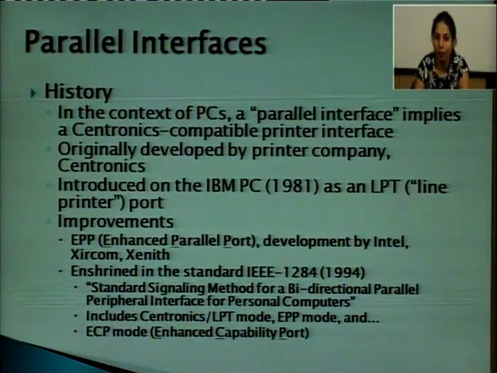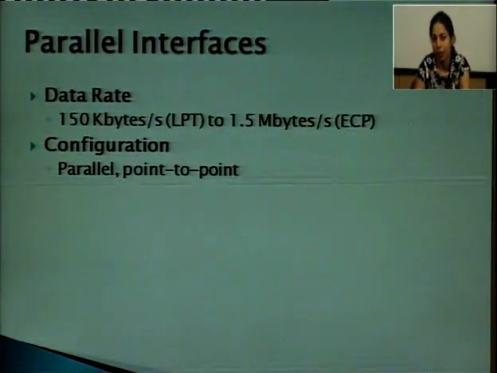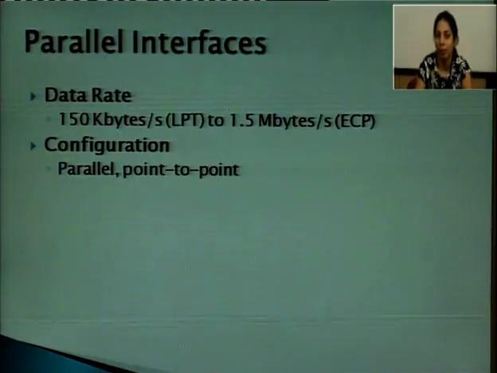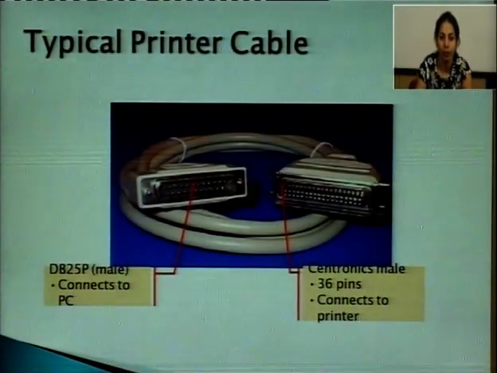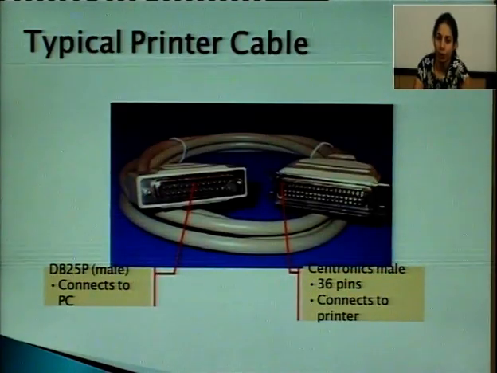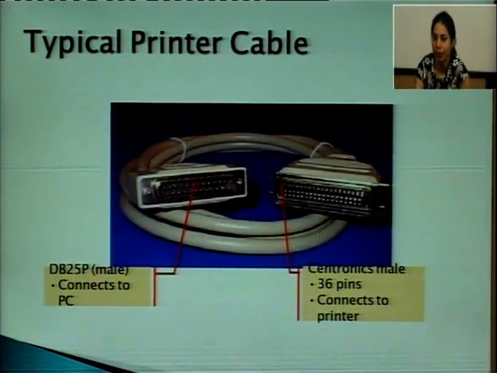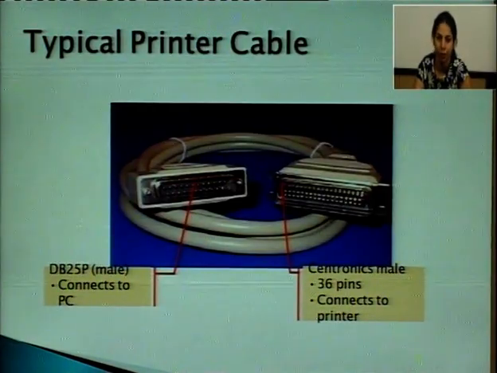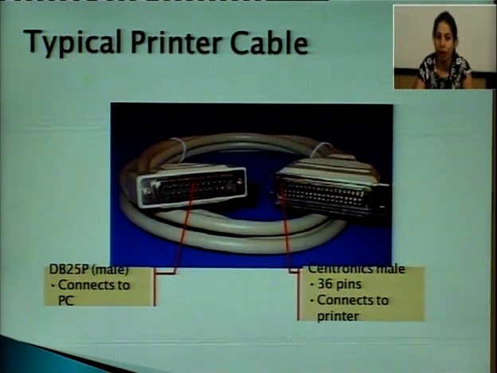In the parallel interfaces, the maximum data rate is 150 kilobytes, and again the configuration is parallel or point to point. This is a typical printer cable for the parallel interface. Centronics male 36 pin connector connects to the printer, and DB25P male connector connects to the PC.